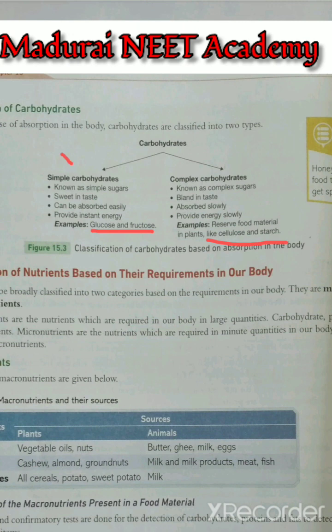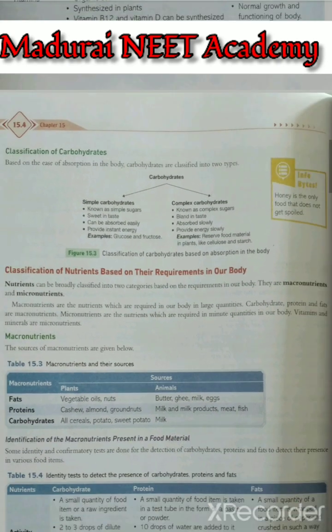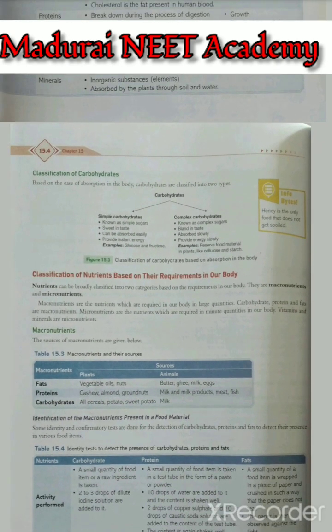Simple sugars are sweet in taste and can be absorbed easily, while complex sugars are bland in taste and absorbed slowly. Simple sugars provide instant energy, and complex ones provide energy very slowly. So we always need simple sugar in our body in order to release energy immediately.